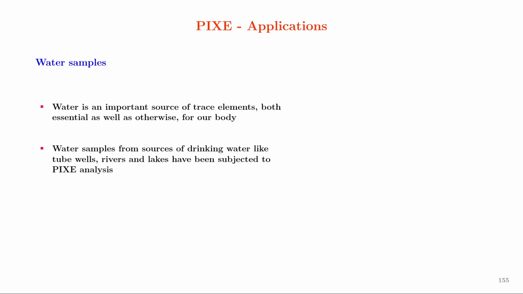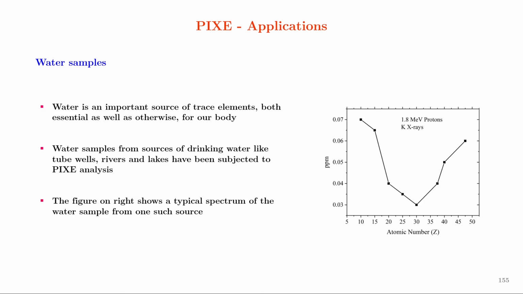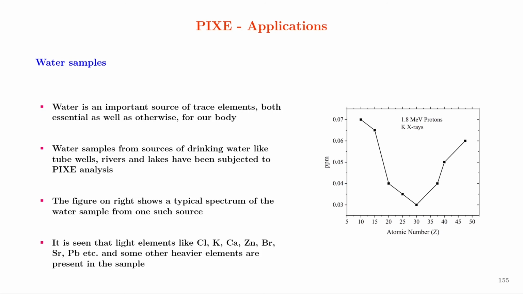Water samples from sources of drinking water like tube wells, rivers, and lakes have been subjected to PIXE analysis. The figure on the right shows a typical spectrum of the water sample from one such source. It is seen that light elements like chlorine, potassium, calcium, zinc, bromide, strontium, lead, etc. and some other heavier elements are present in the sample.